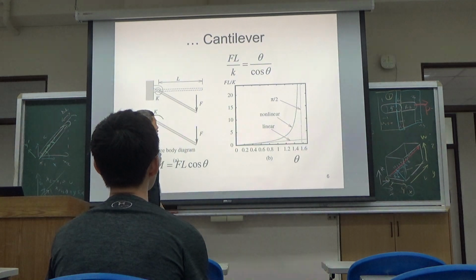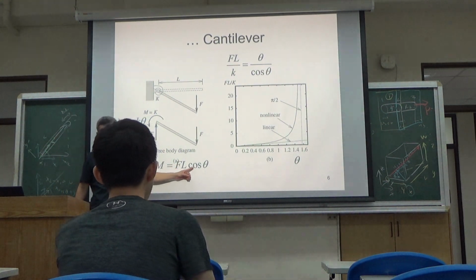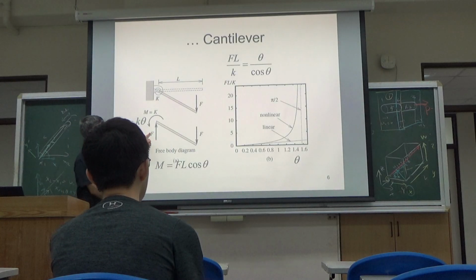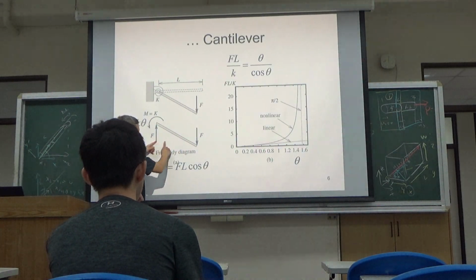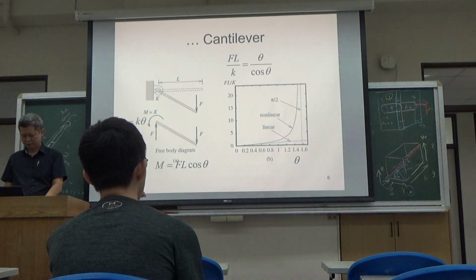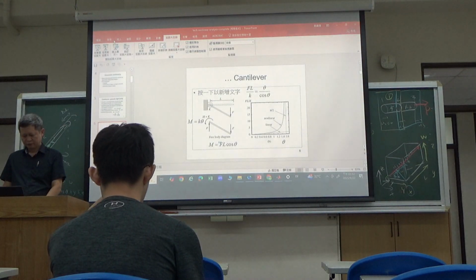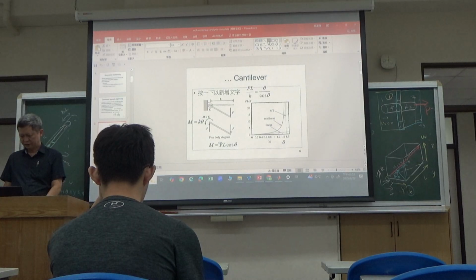On the other hand, if you account for the moment arm change, because the moment arm is this length, when the door rotates, the door width doesn't change.